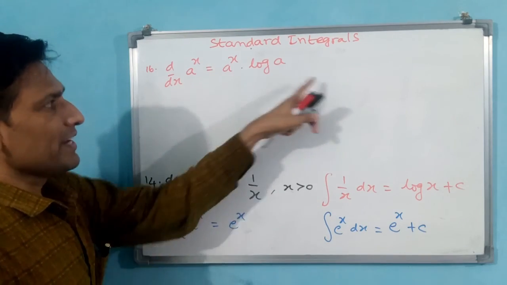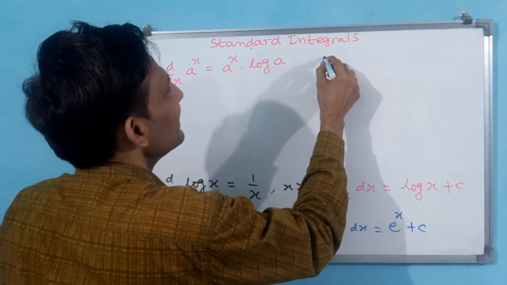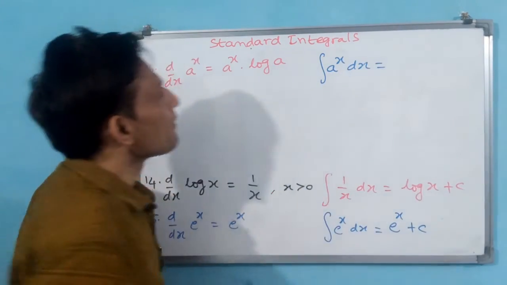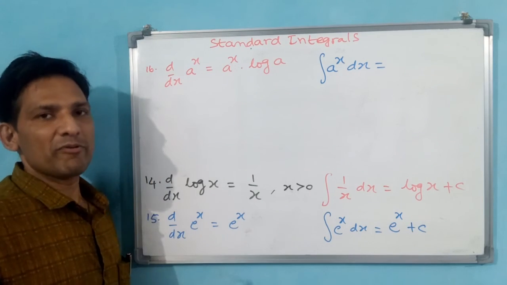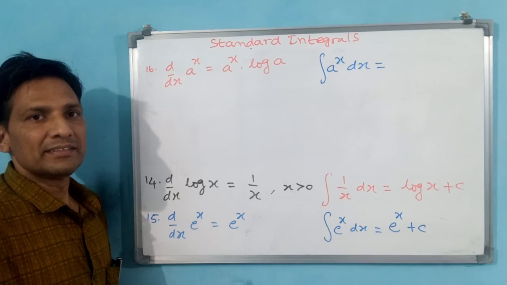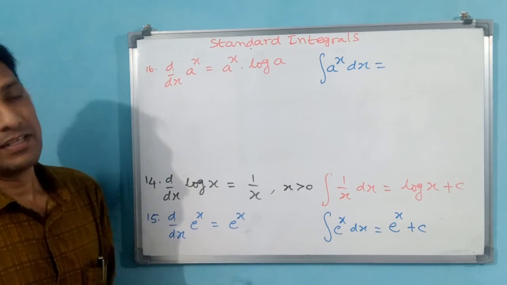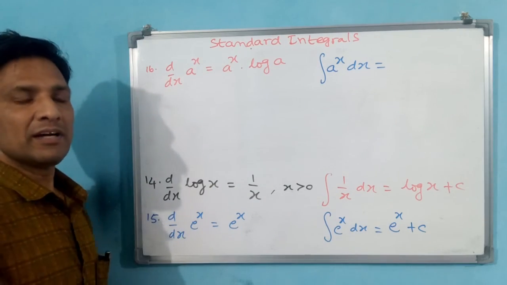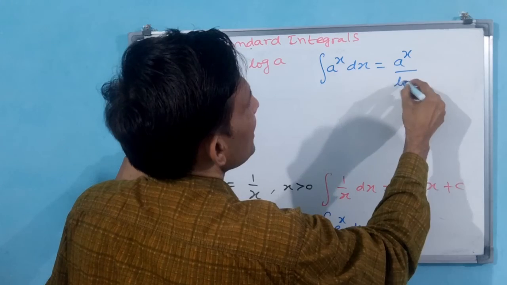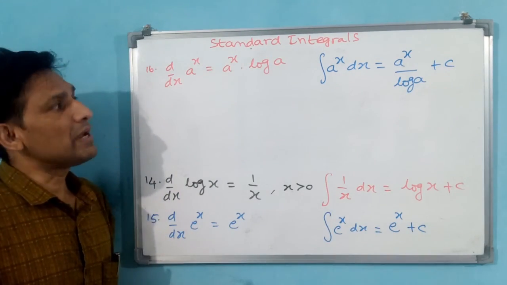For the integral, a power x log a will not come. For the integral, only a power x dx will come. Like d by dx a power x gives a power x log a, and only a power x comes means you write a power x by log a plus c.